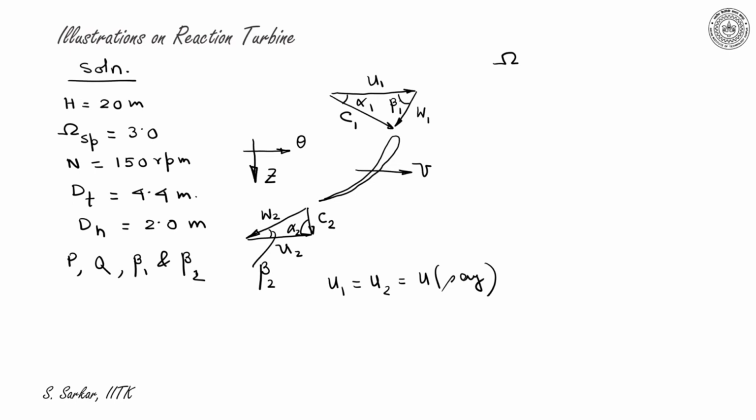Now we know power specific speed, omega sp. The expression is omega root over P by rho divided by (gH) to the power 5 by 4. Power specific speed is given as 3. Put the values. Omega I have evaluated as 15.71.